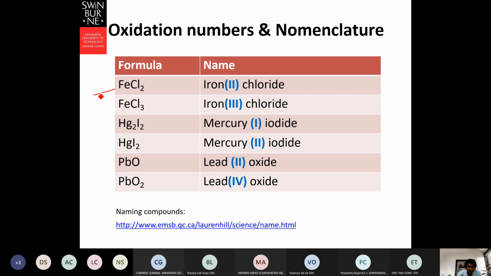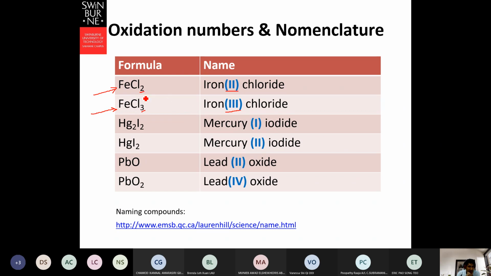In this molecule we see iron and chlorine. This molecule is iron and chlorine also. There are 2 chlorines here, there are 3 chlorines here. Right? So this is iron 2 chloride and this is iron 3 chloride.